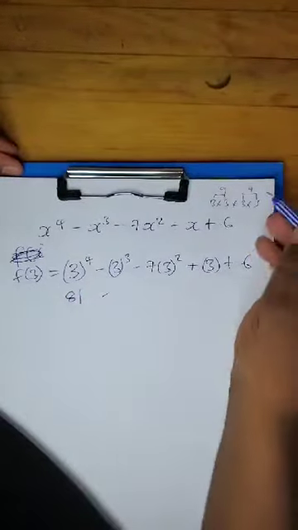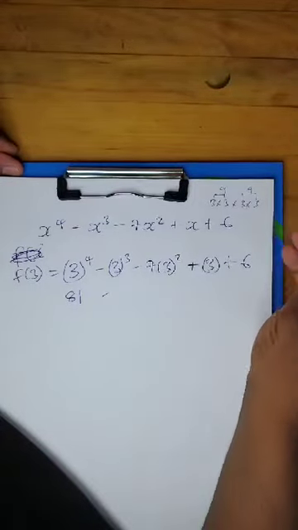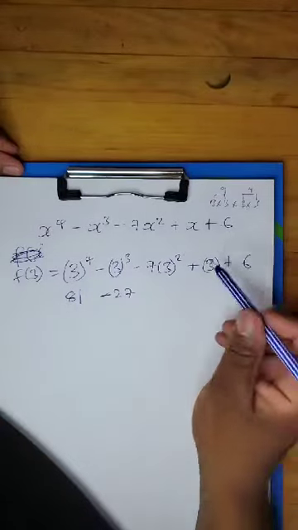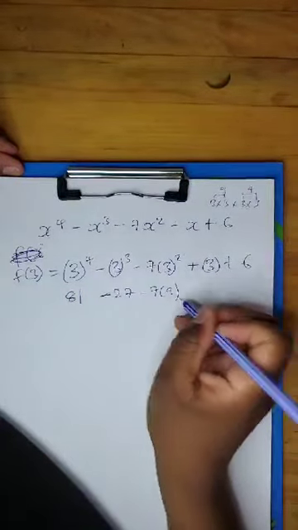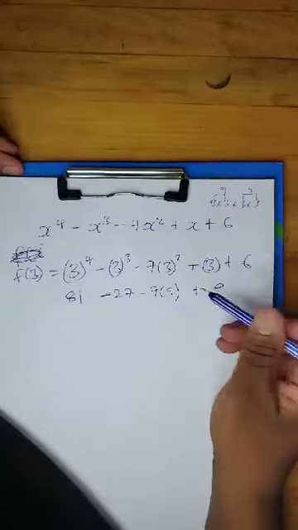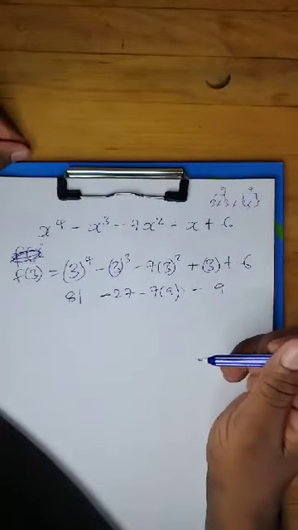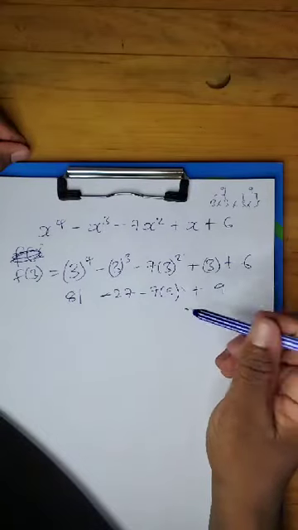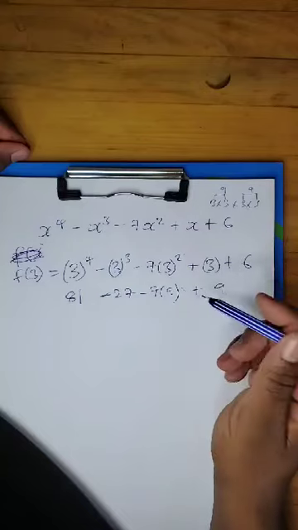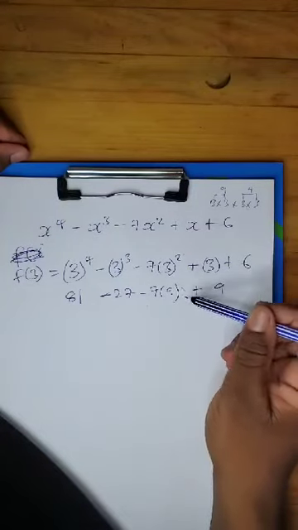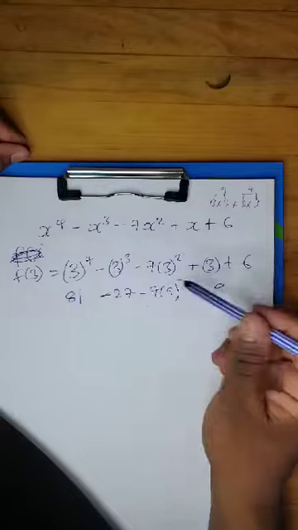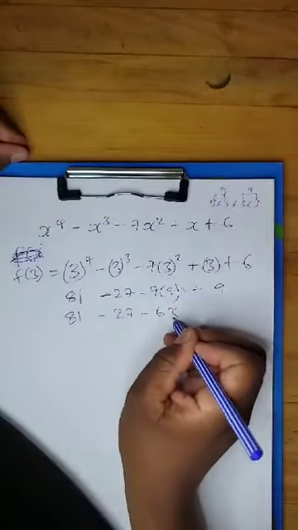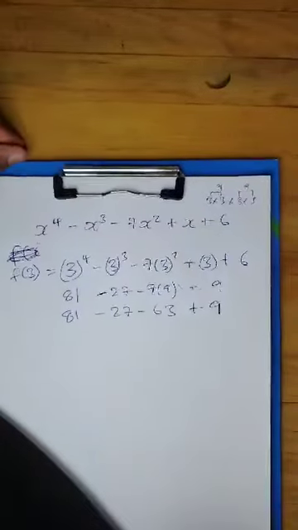Minus 3 cubed, that's 9 times 3, which is 27, so minus 27. 3 squared is 9, so minus 7 times 9, plus 9. 7 times 9: 7 times 10 would have been 70, then 70 minus 7 is 63. So 81 minus 27 minus 63 plus 9.